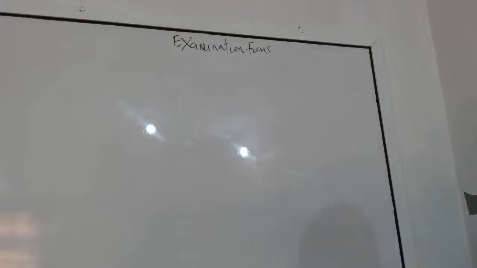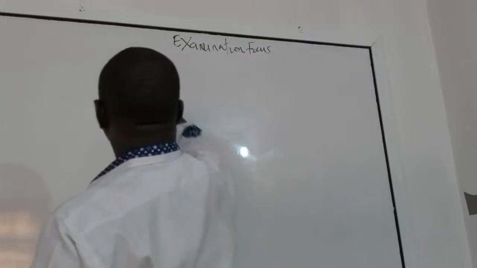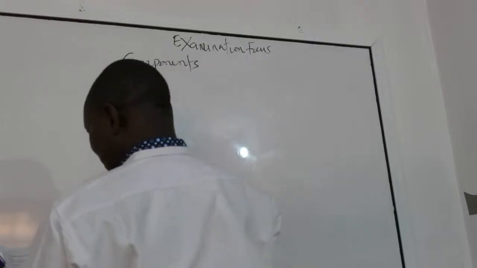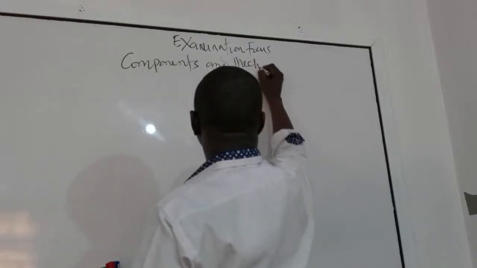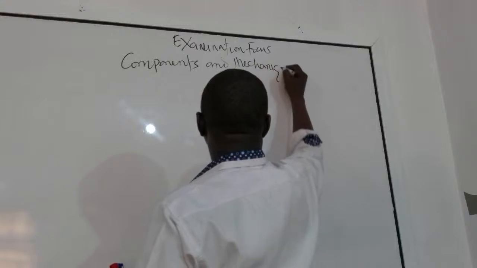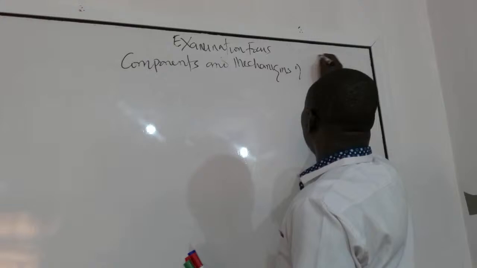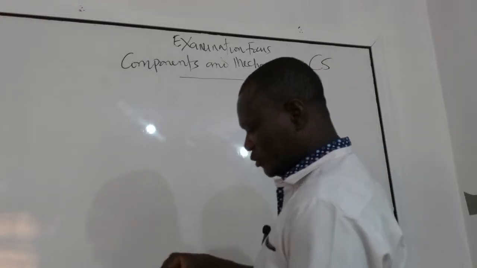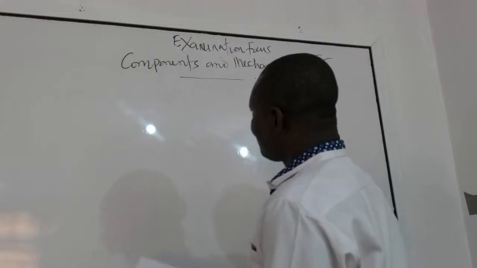So I want to believe that you are going to focus on, the first one, which is components and mechanisms of the complement system. If you have any question on this, how should you attempt it?